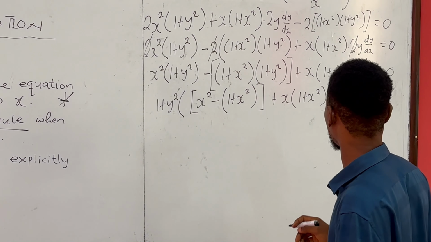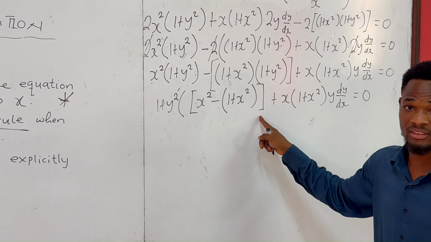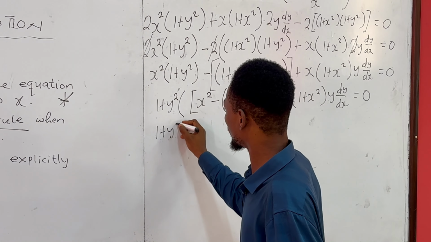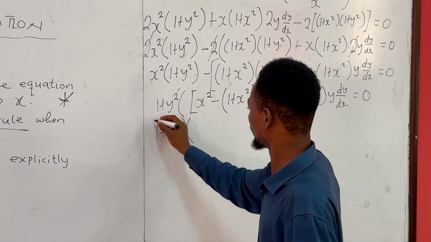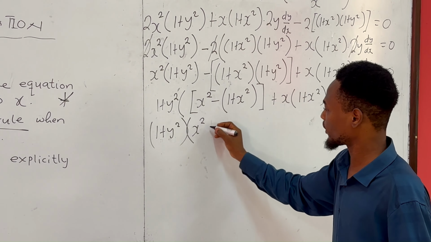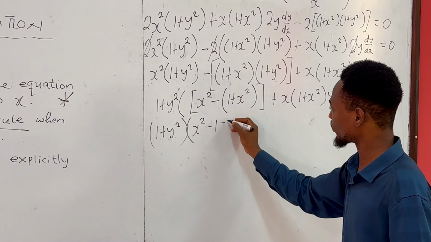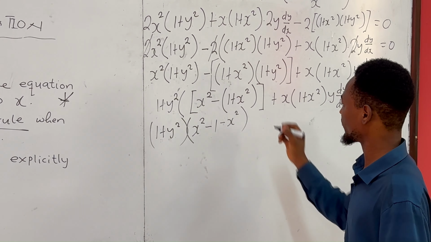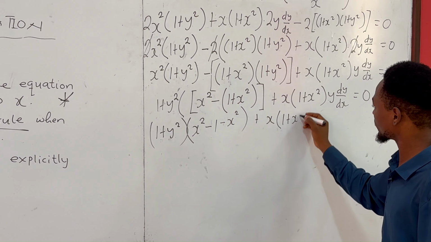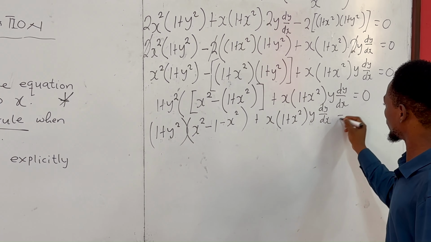Alright. So I think you can expand this. You can work it out. So I have 1 plus y squared into brackets. I have x squared. The minus will affect whatever I say. So I have minus 1, then I have minus x squared over here. Then plus I have my x into bracket 1 plus x squared times y dy over dx, giving me 0.